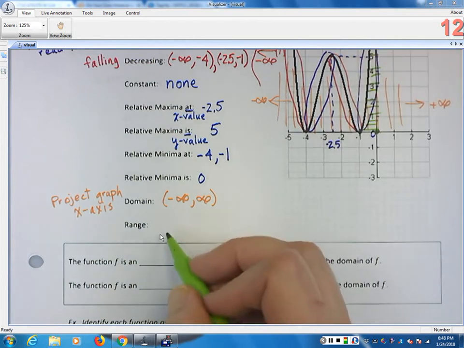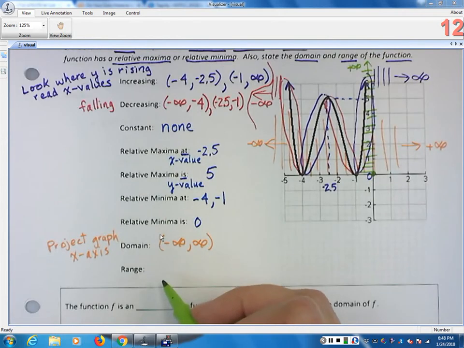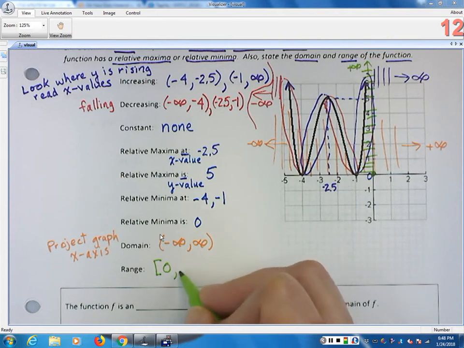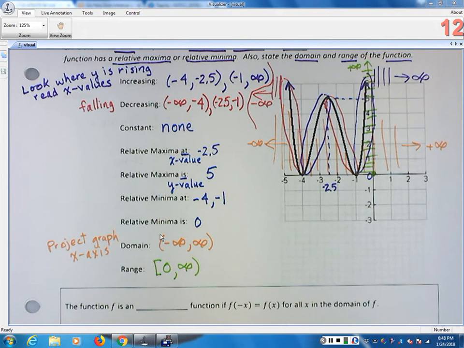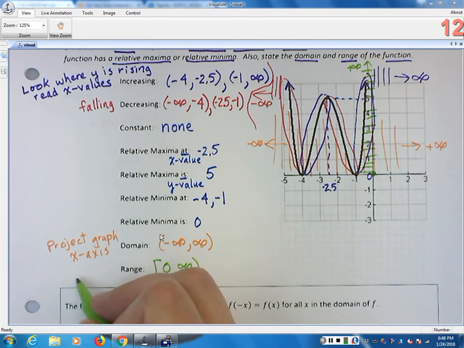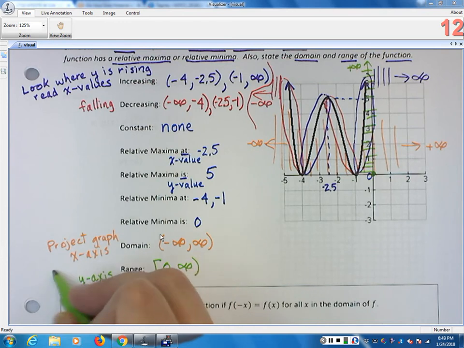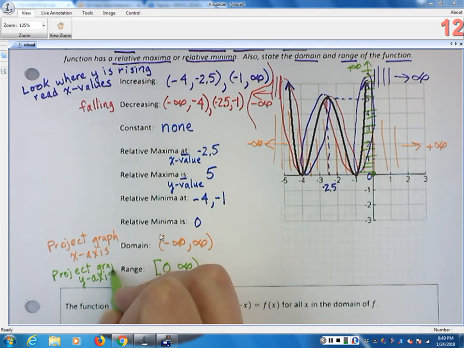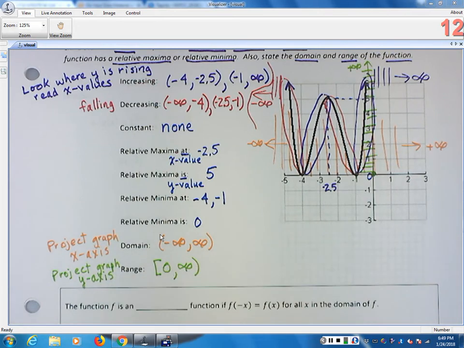So the range, and you want to say square bracket because it includes 0, is 0 to infinity. Okay?